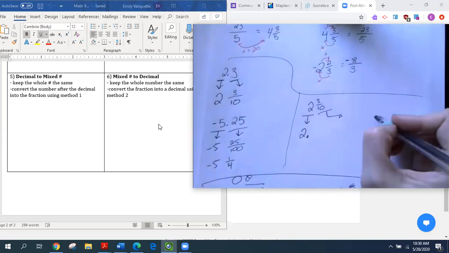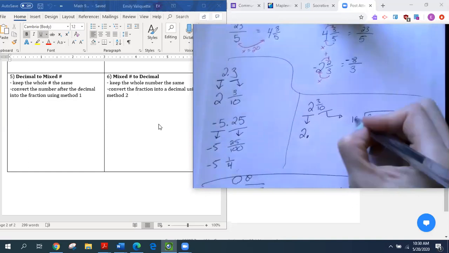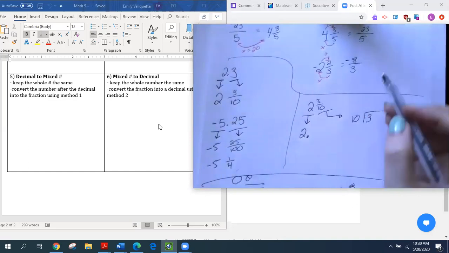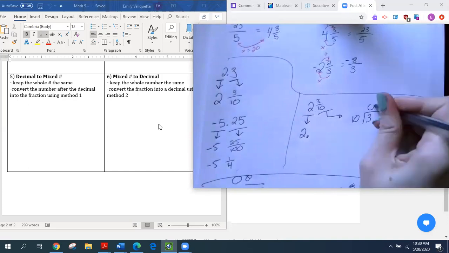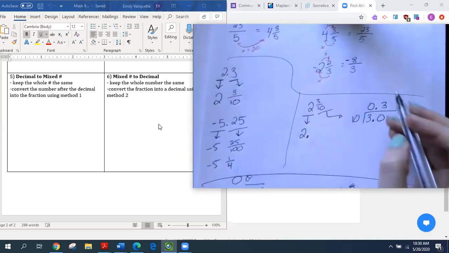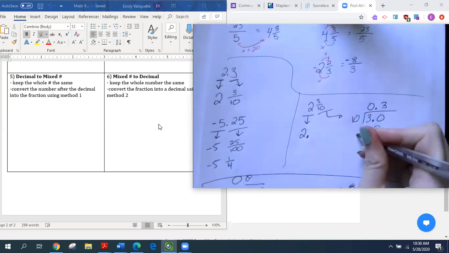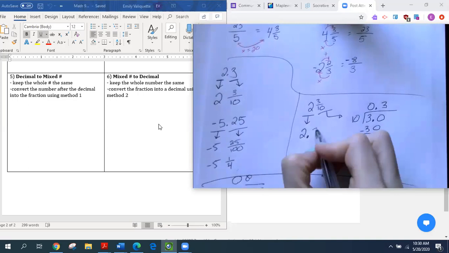So in this case, you're going to say 3 is being divided by 10. How many times does 10 go into 3? Well, it doesn't go in at all. So I'll put in my decimal and my 0. How many times does 10 go into 30? 3 times. Because 10 times 3 is 30, and if I subtract them, I have none remaining. So that's how I get 2.3.